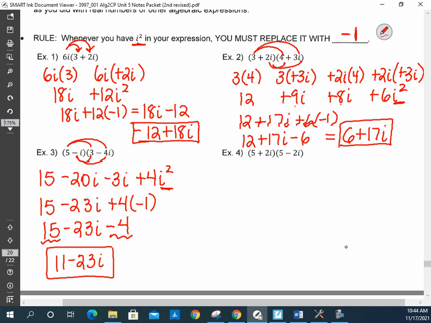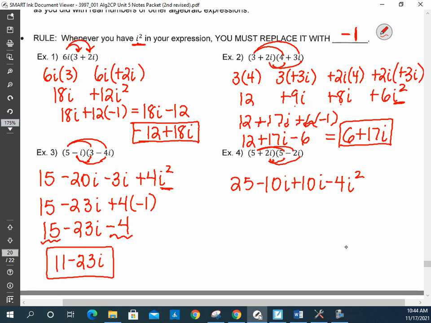So let's finish off multiplication with example 4. So 5 times 5, 25. 5 times -2i, -10i. 2i times 5, positive 10i. 2i times -2i, -4i squared.